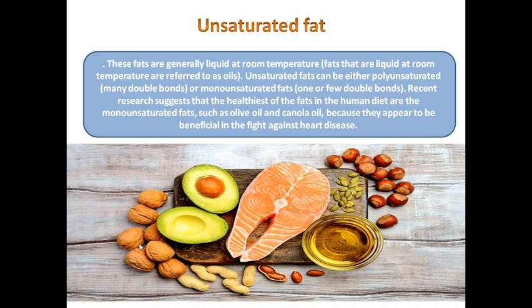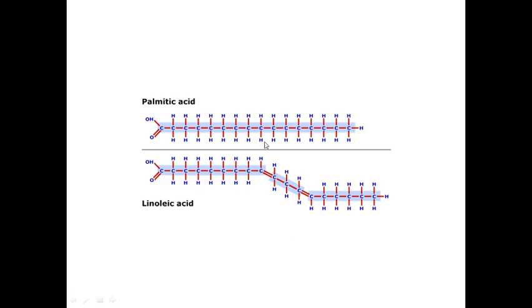Here you can see we usually obtain these from plant products like avocado, nuts, and all the dry fruits, and the fat which we obtain from fish also contains unsaturated fat. So let me tell you once again, this is a saturated fatty acid, palmitic acid, and the fat which we obtain from this is saturated fat.